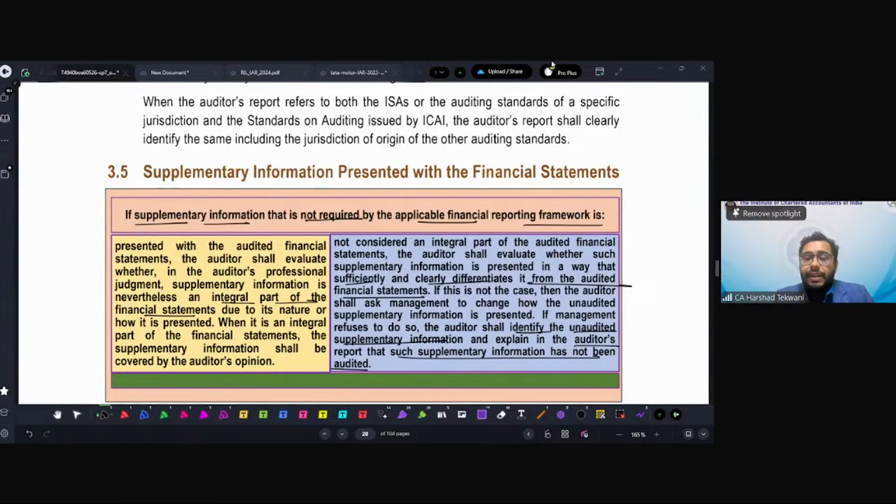Again, we will see more of the supplementary information under SA 720. Something related to the supplementary information we will see in SA 720 also. Clear? Any doubt?